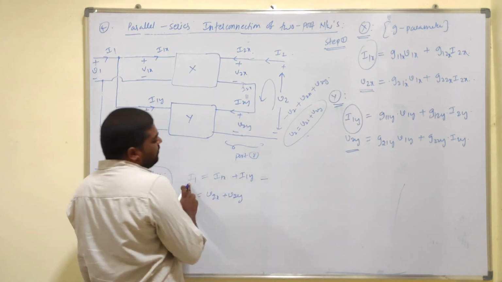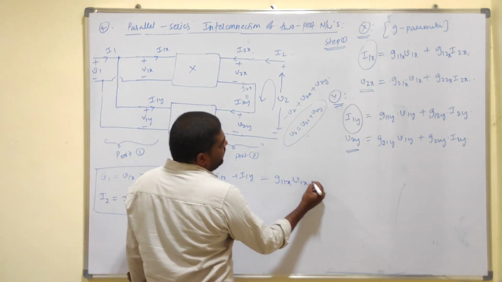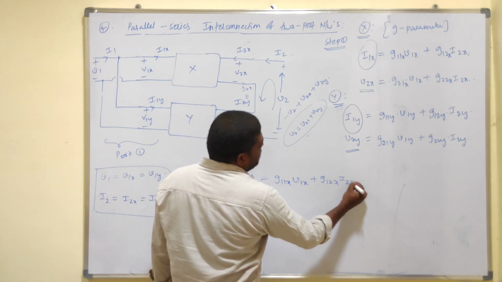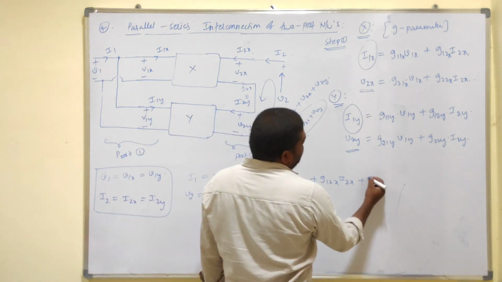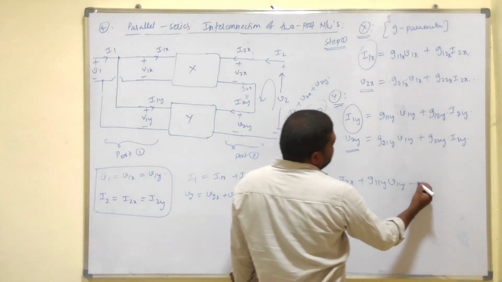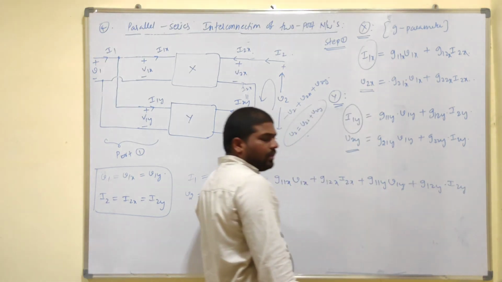Now I1 equals what? I1x, that is G11x V1x plus G12x into I2x, plus I1y. This I1y equals G11y V1y plus G12y into I2y. Clear?